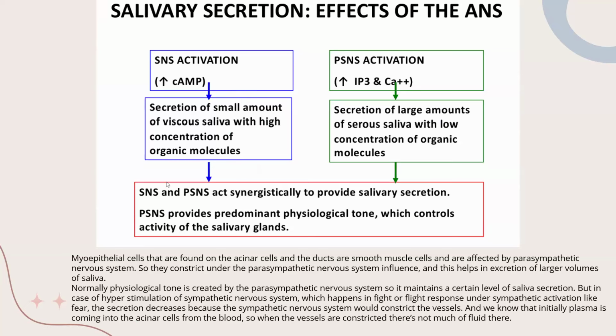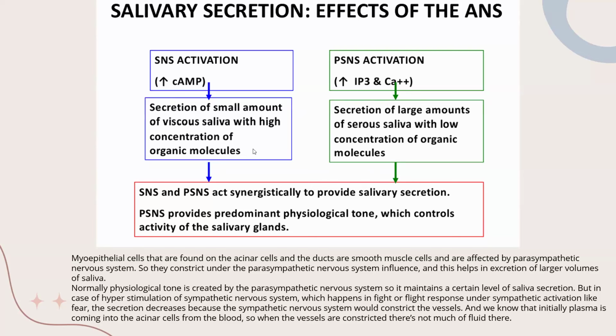In the parasympathetic activation, we have secretion of large amounts. The distinction between small and large amounts in sympathetic and parasympathetic is important. So basically, parasympathetic secretes large amounts of serous saliva. Here it's serous saliva, but in the sympathetic, it's viscous saliva. In the sympathetic, it's rich in enzymes. In the parasympathetic, it's not rich in enzymes.